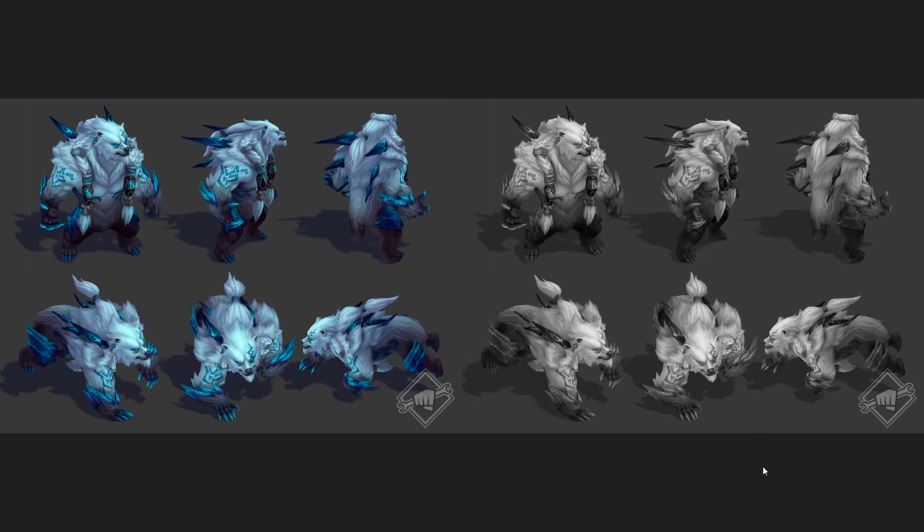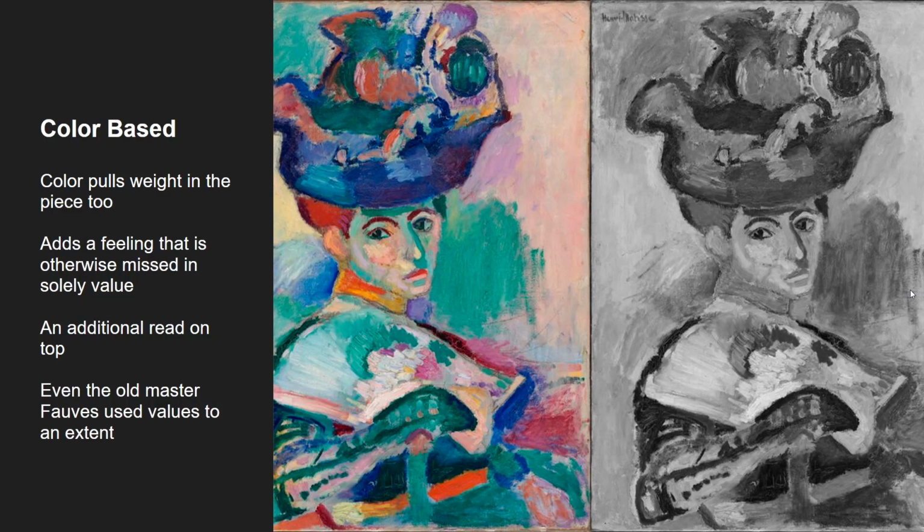So that's another example of that, more generalized. It's also still a clean read, because he does have some stuff going on like his hair beads, but again, that's still on his torso, which is drawing you to his face and torso, which is what they want. So now we're going to move into color based.